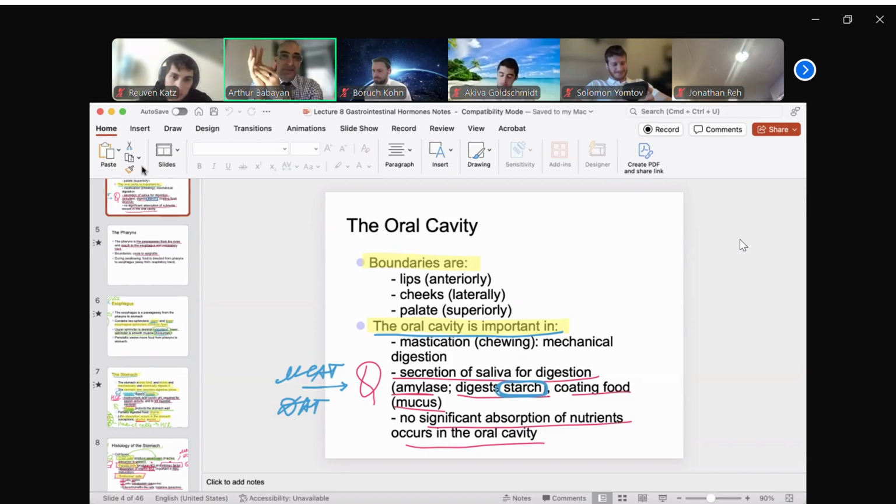No significant absorption of nutrients occurs in the oral cavity.